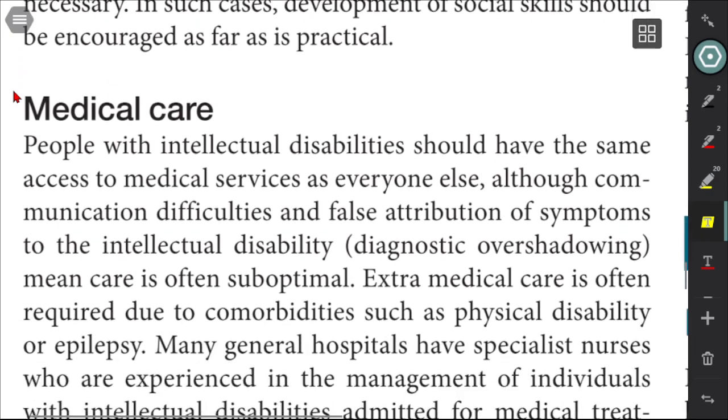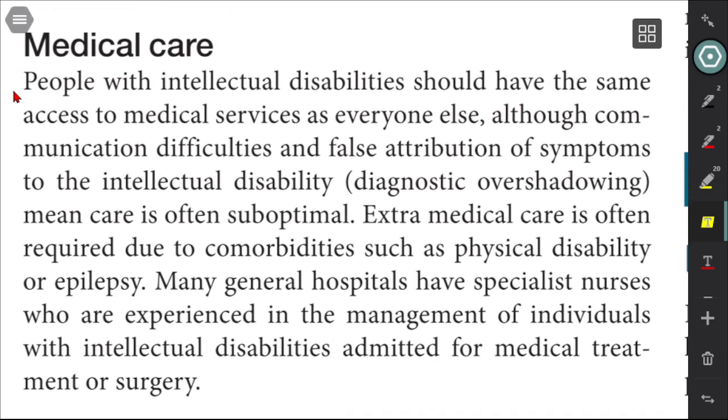So what about medical care? People with intellectual disabilities should have the same access to medical services as everyone else. Although communication difficulties and false attribution of symptoms to the intellectual disability, which means diagnostic overshadowing, mean that care is often suboptimal.